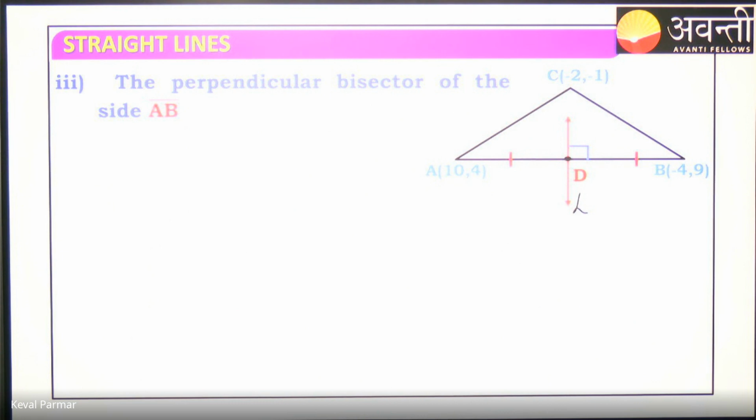Just try to get the slope and a point. Let me tell you, D is a midpoint. So we can get the point D by the midpoint formula. How can we use the midpoint formula? Still no one?